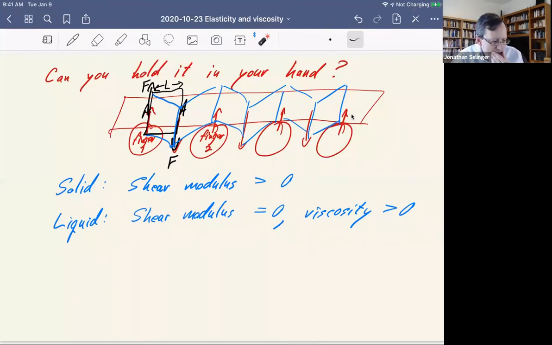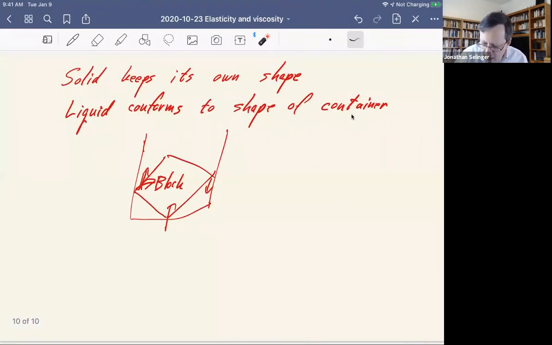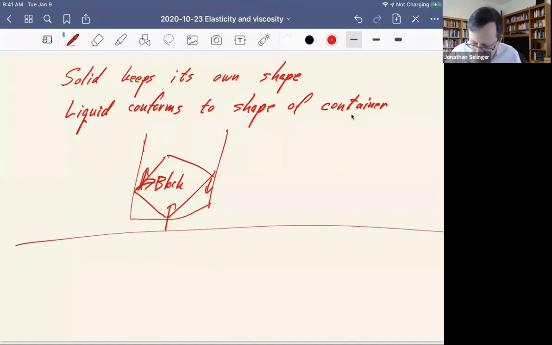Okay, so let me just mention briefly a couple things and I'm going to stop. As we've talked about already in this class, what I am presenting to you is the simplest version of the theory.